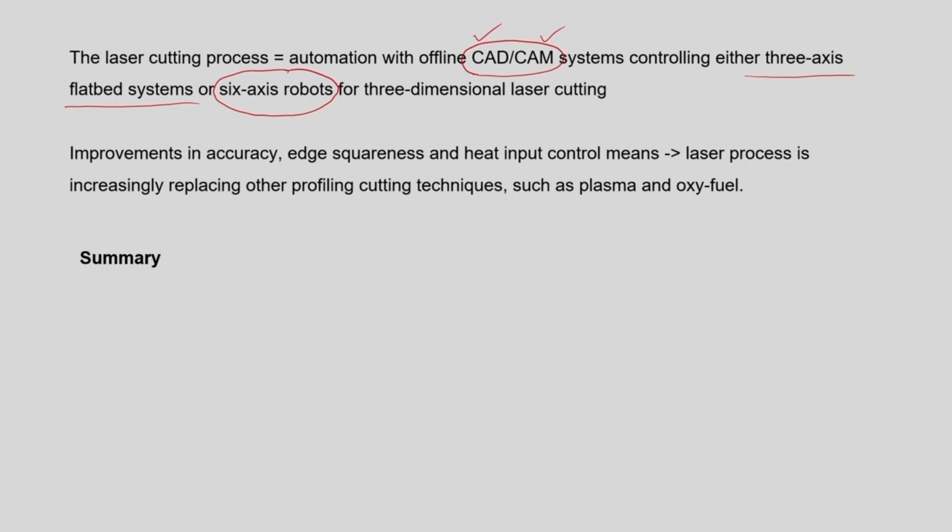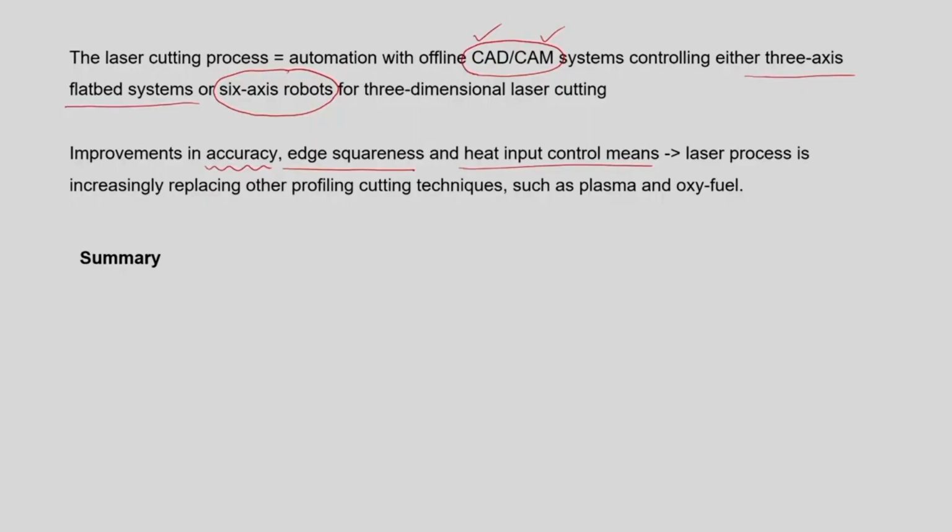As far as process performance is concerned, improvement in accuracy, edge squareness and heat input control are very much essential to get the required performance during the laser cutting operation. In our next lecture, we will be studying the various process parameters related to laser cutting and the various performance parameters that need to be considered.